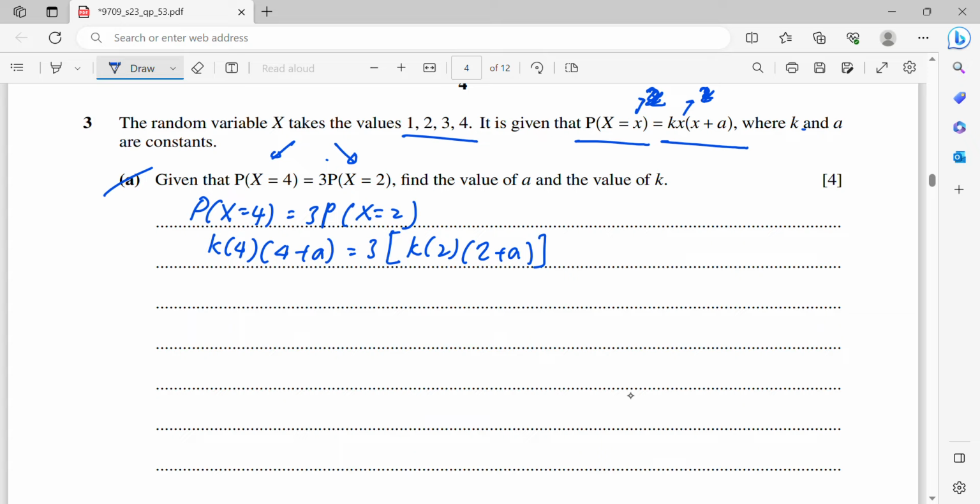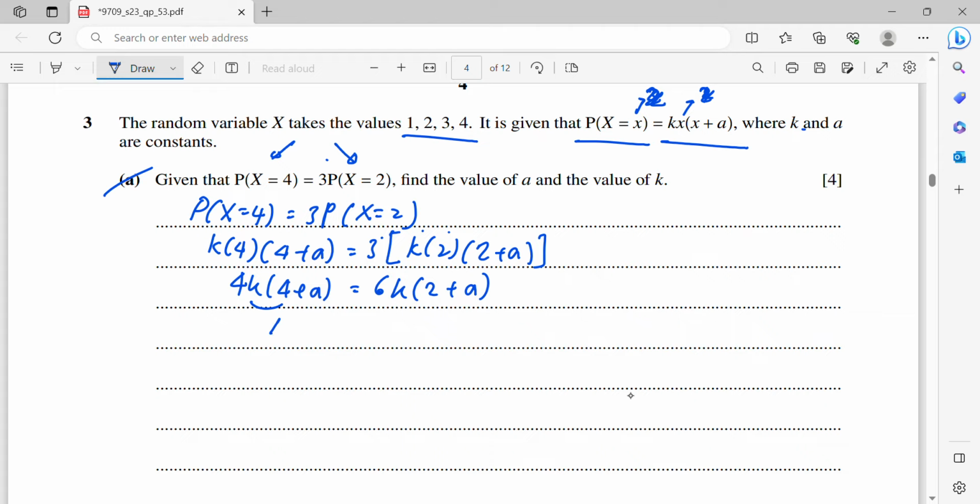When you do the expansion, it will be 4k(4 plus a) equals 3 times 2k, which is 6k, times (2 plus a). So now do expansion again for both sides.